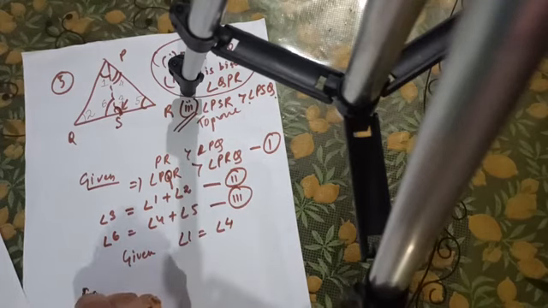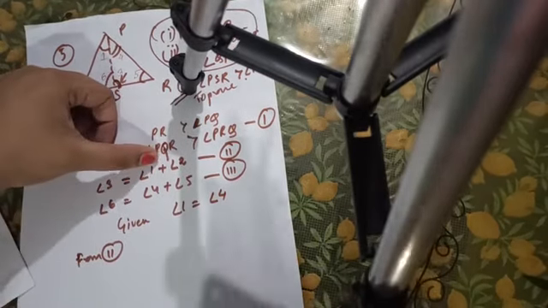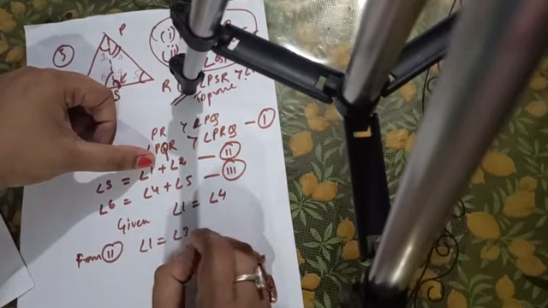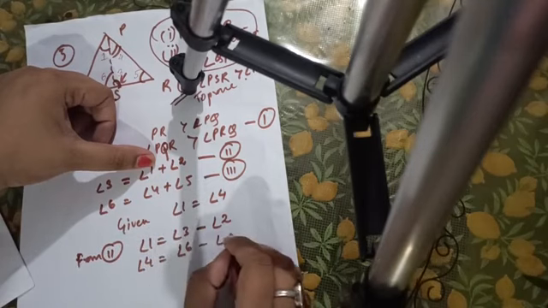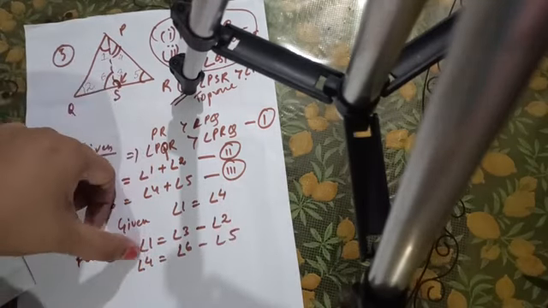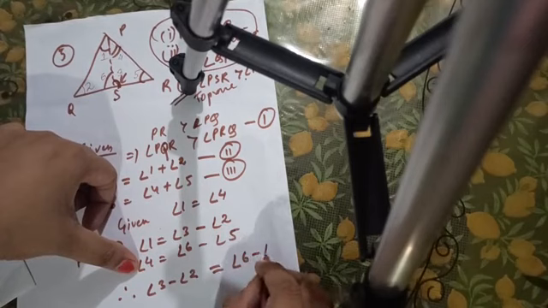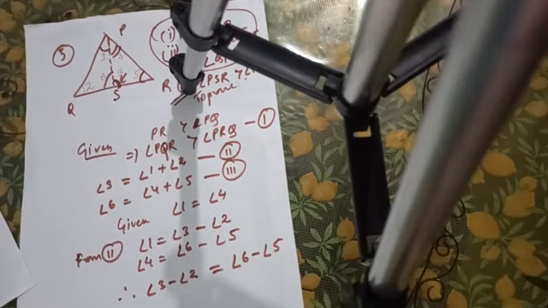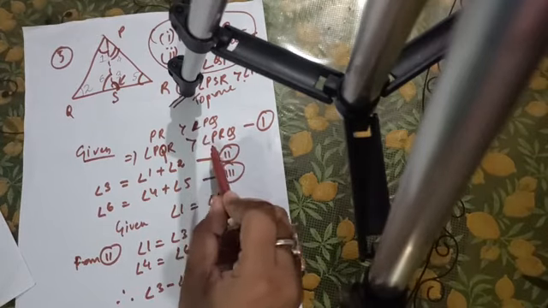So from equation number 2, since angle 1 is equal to angle 4, let us find from equation 2, angle 1 will be equal to angle 3 minus angle 2, and angle 4 will be equal to angle 6 minus angle 5. Since the left hand side is equal, therefore I can say that angle 3 minus angle 2 will be equal to angle 6 minus angle 5. But here, angle 2, PQR, is greater than PRQ.